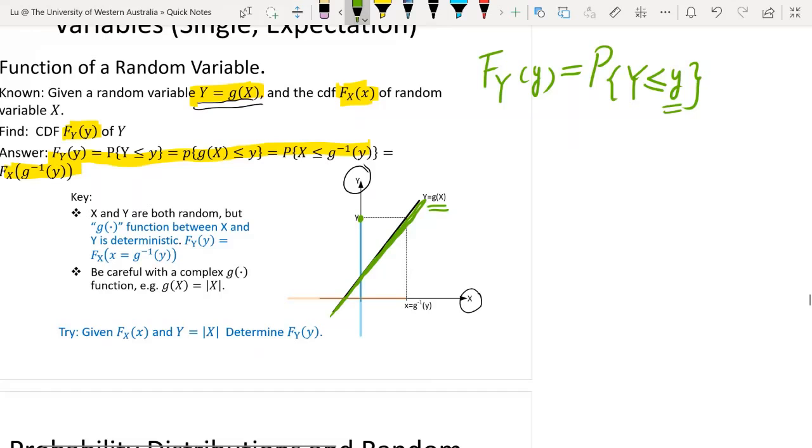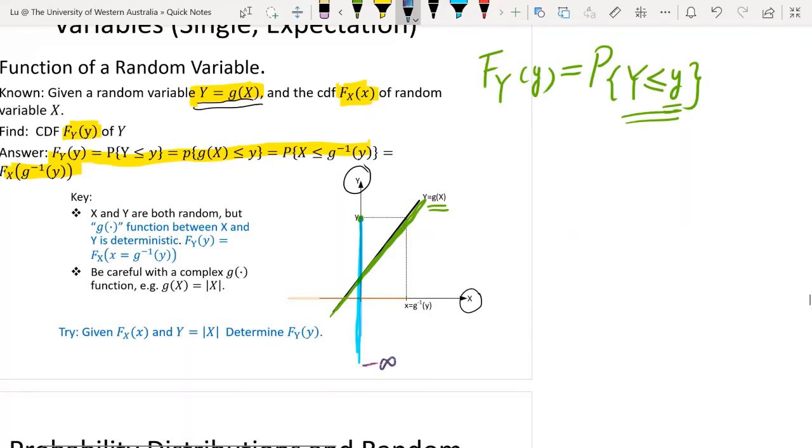And the event Y is smaller or equal to this given parameter y is indicated by this blue segment on the graph. So from negative infinity up to this lower y point, this is the region. So what is the probability that the random variable capital Y falls into this blue segment?